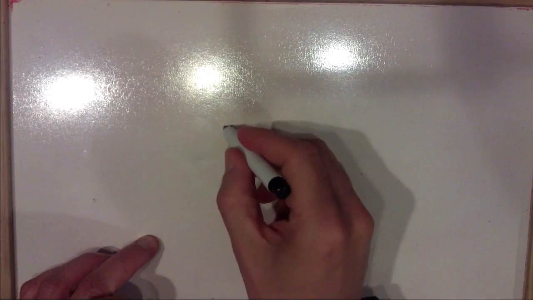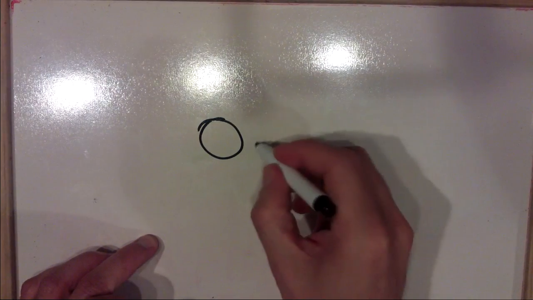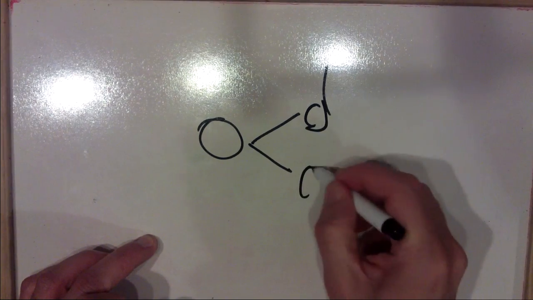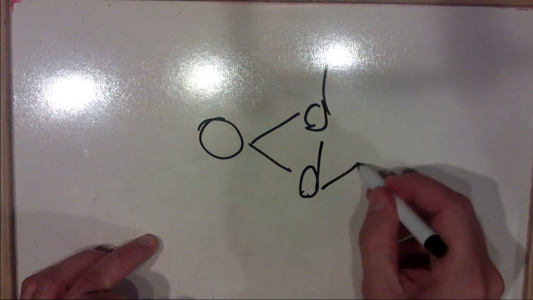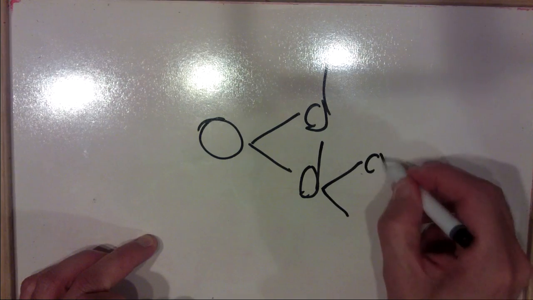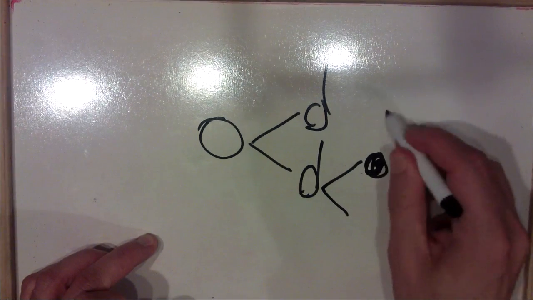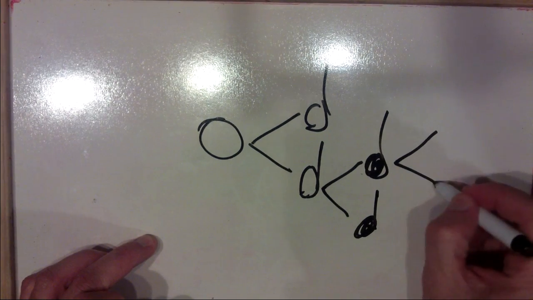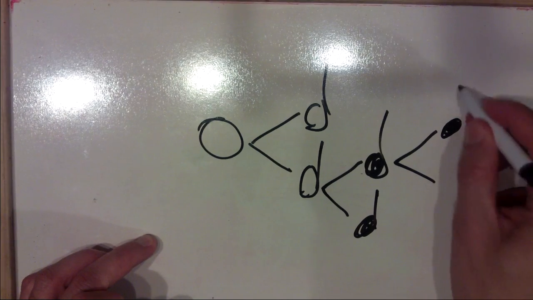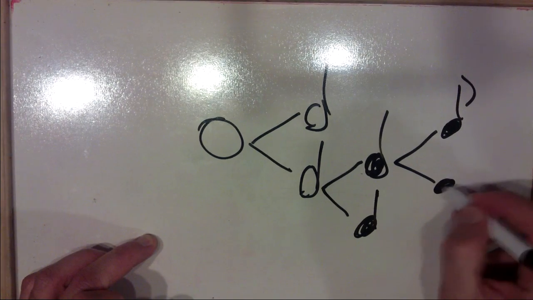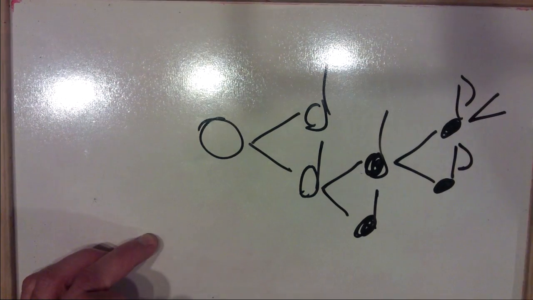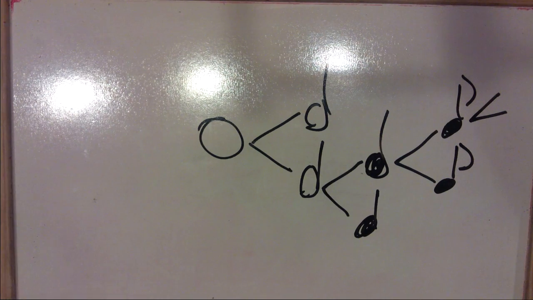For example, the whole note divides into two half notes, and every half note divides into two quarter notes, and every quarter note divides into two eighth notes, and so on. Well, this is a very useful way of understanding this, but it's not complete.